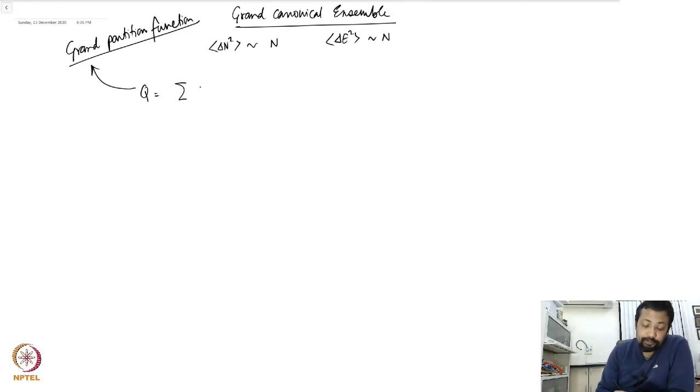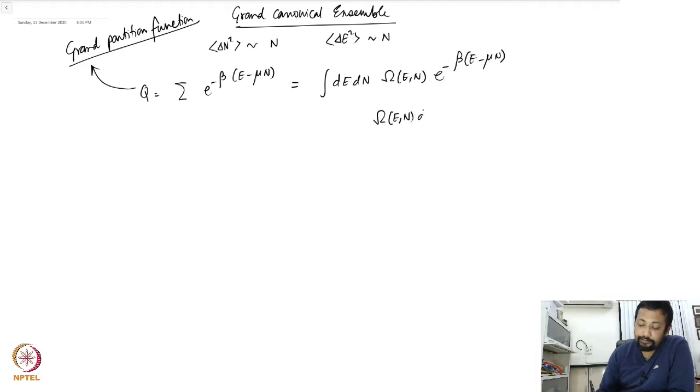So this quantity is the sum over all states of e to the power minus beta (E minus mu N), which is the integral dE dN omega(E, N) e to the power minus beta (E minus mu N), where omega(E, N) dE dN is the number of microstates between E and E plus dE, N and N plus dN.